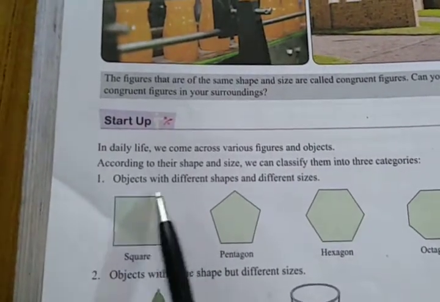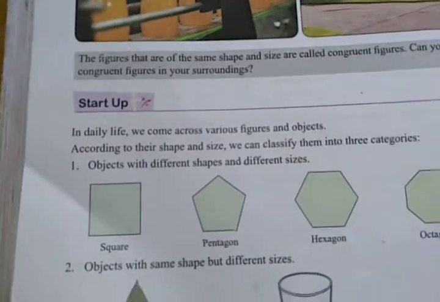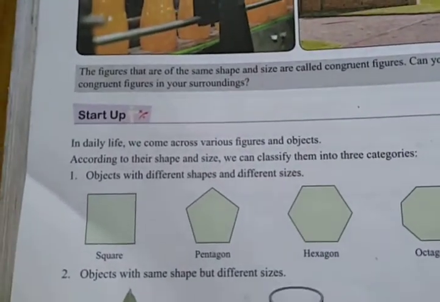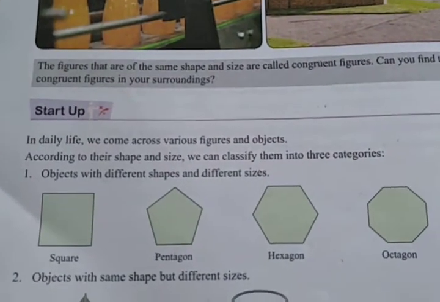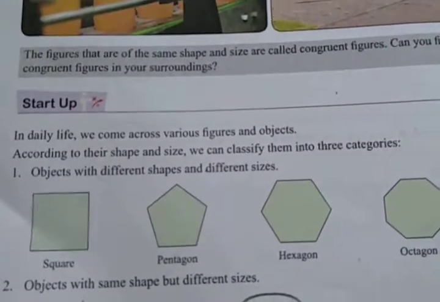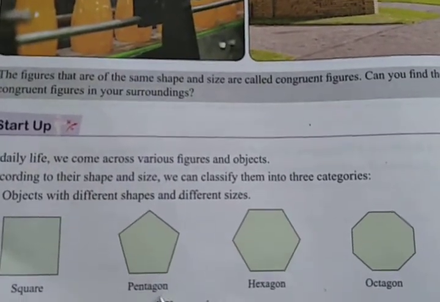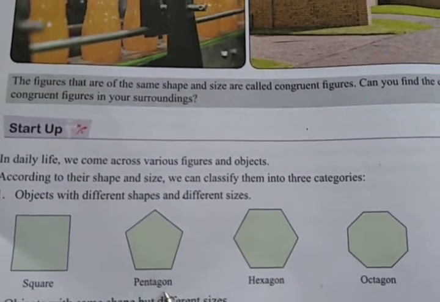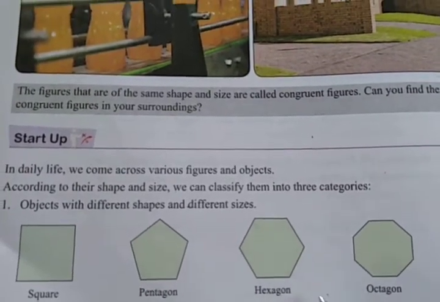Number one, objects with different shapes and different sizes. Here the first shape is a square, and this is a polygon made up of 5 line segments called a pentagon.